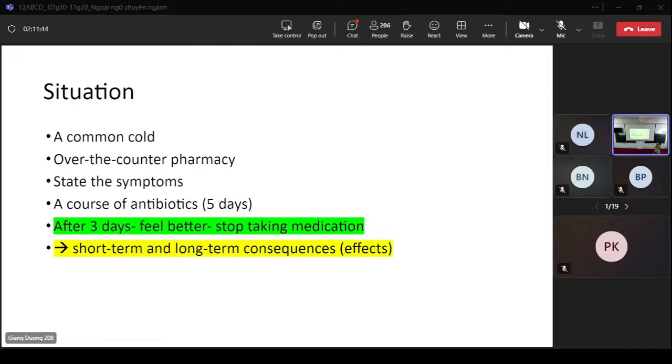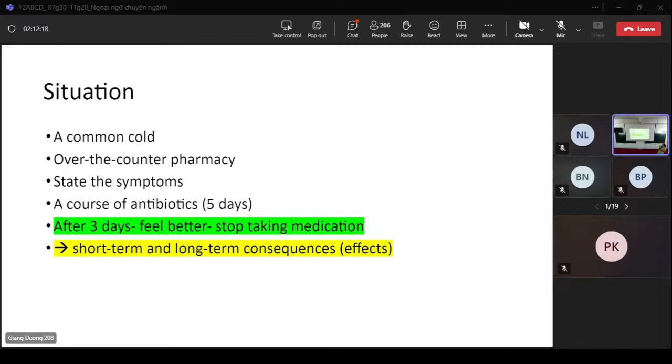And I stated the symptoms to the pharmacist. Like runny nose, severe sore throat, it's quite hard to swallow, things like that. And the pharmacist gave me a course of antibiotics with other painkillers, like 4 or 5 medicines for 1 dose.